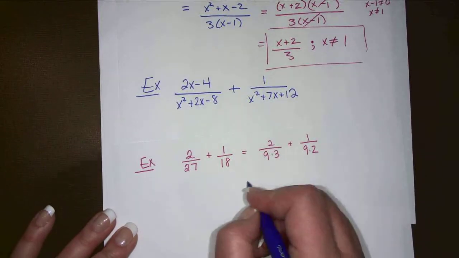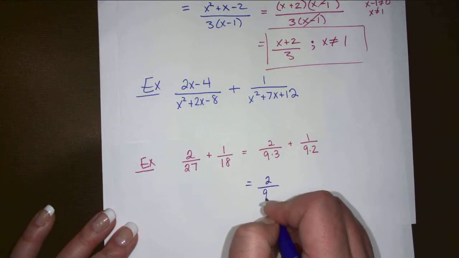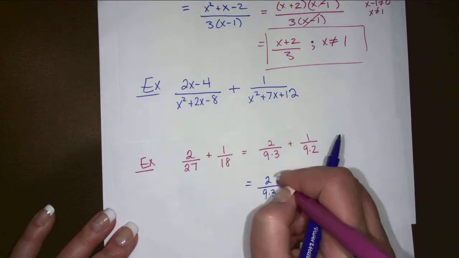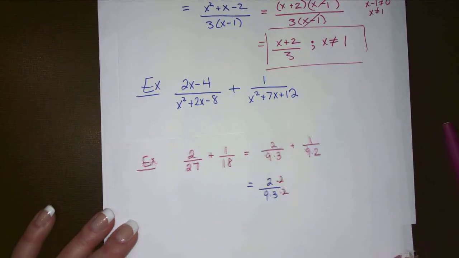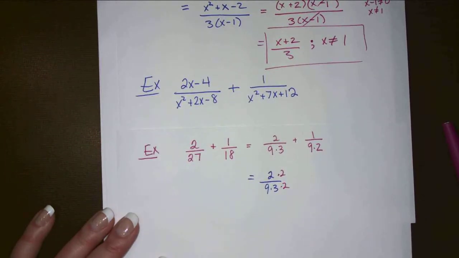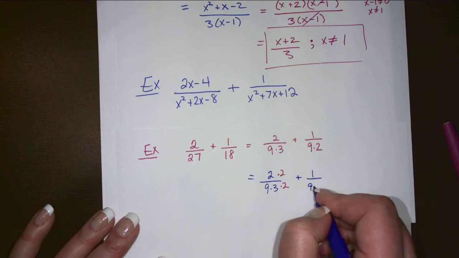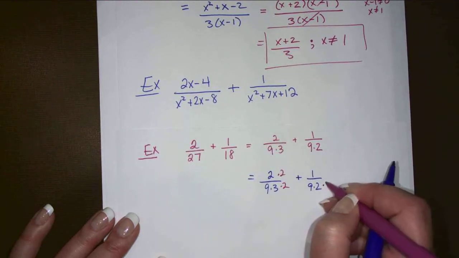So we would actually multiply this first one by 2. Do you agree? Yeah. So whatever 9 times 3 times 2 is, it doesn't even matter what the answer is. That would be a common denominator that we could do by multiplying this one by 3.